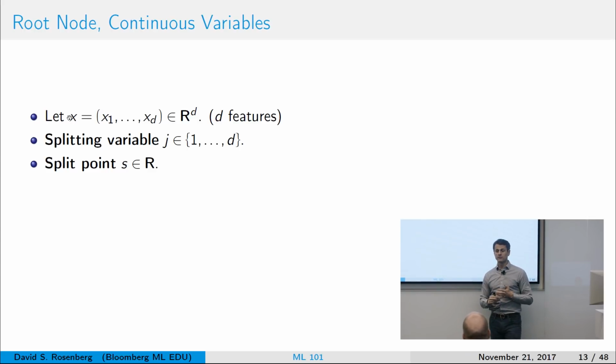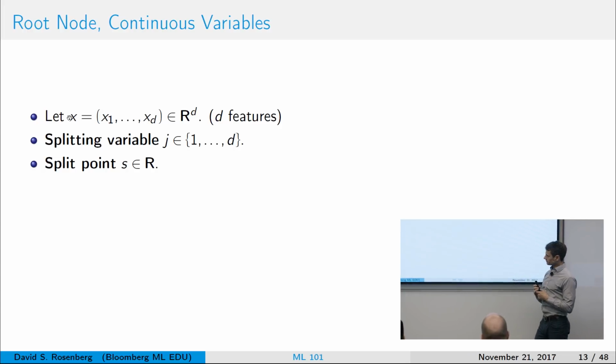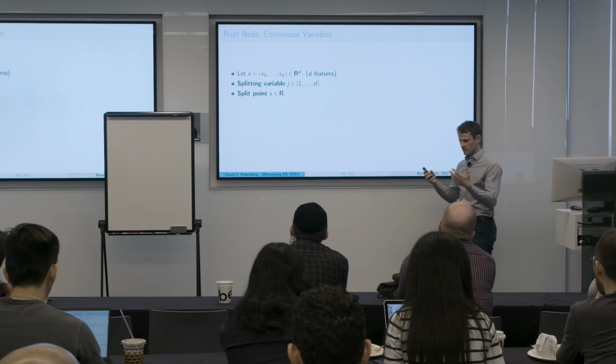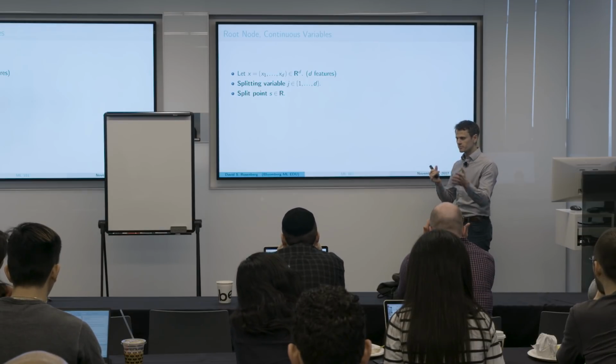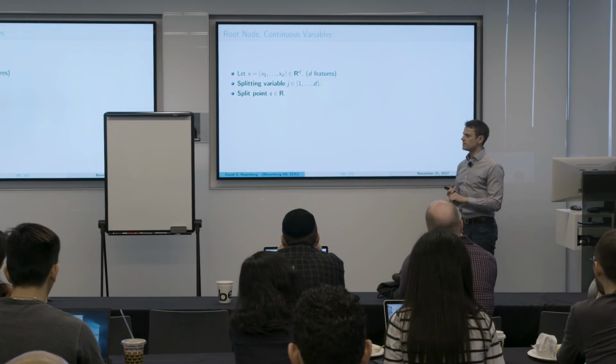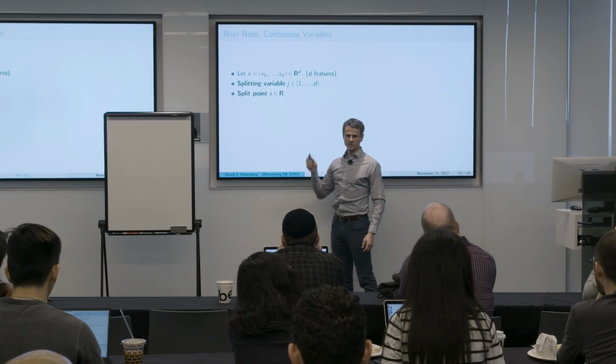And then for any possible splitting variable, we have to choose the threshold: what do we compare it to, to go right or to go left? Those are called the splitting variable and the split point. So anytime we have a collection of data, say in a node, we want to decide whether we split it. That has to do with complexity control. And then if we're going to split it, where do we split it, and on what variable do we split it? OK.